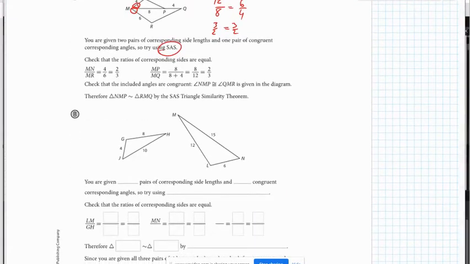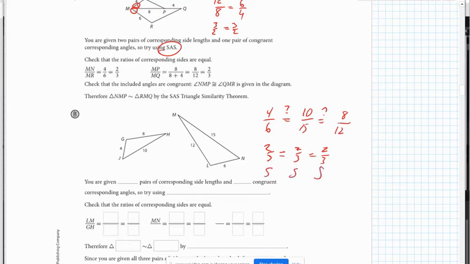Okay, and then for example B, we have 3 pairs of matching sides. We should match them up in order. So I could do the shortest side over the shortest side. Is that equal to the longest side, 10 over the longest side 15? And is that equal to the medium side, 8 over the medium side 12? And all three of those reduce to 2/3. So all three sides are in the same proportion. They're proportional.